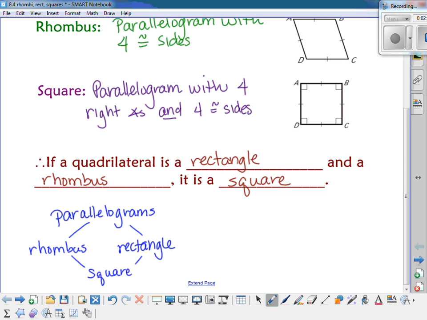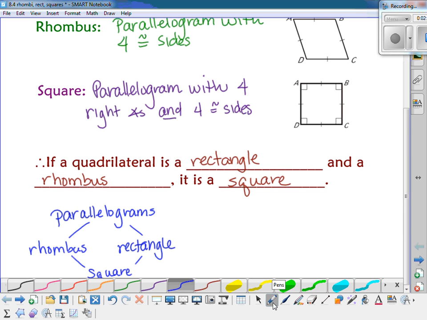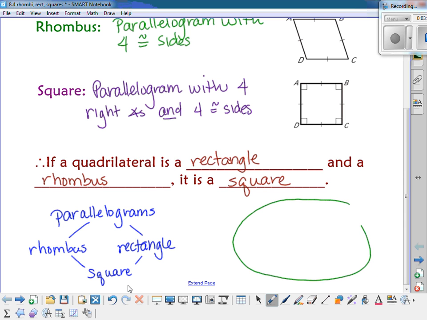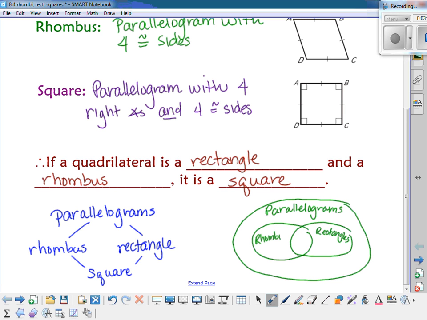Or we could also think of it with a Venn diagram. I can do that too for you. So if we have this whole family of parallelograms, within that we have rhombi, and we have rectangles, and then where they overlap are squares.